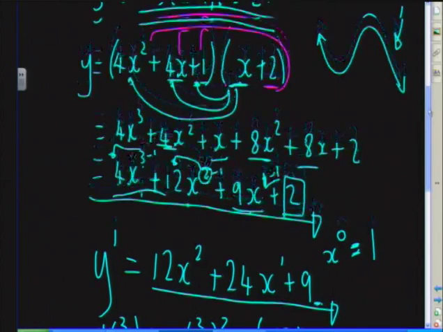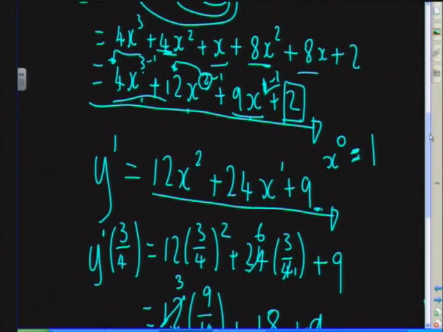Then, because we need to find the gradient of the straight line, we know that the gradient of the tangent is equal to the gradient of the curve at the point of contact. So I derived the gradient of the curve, because when you derive, you get the gradient.